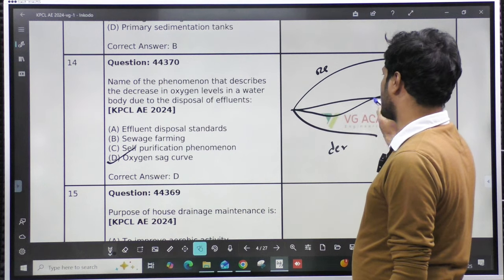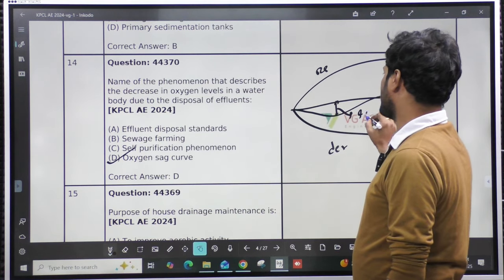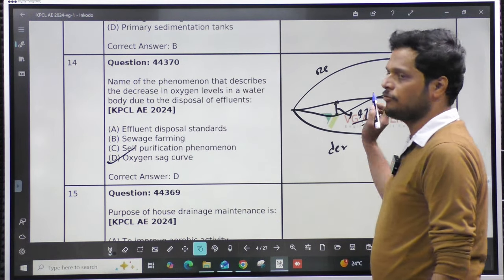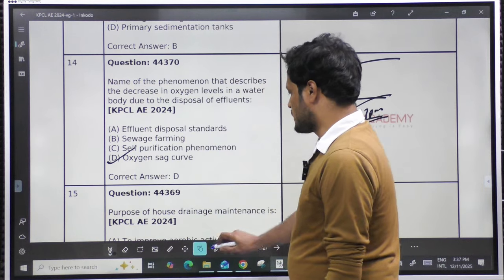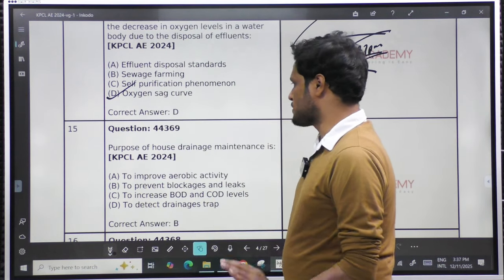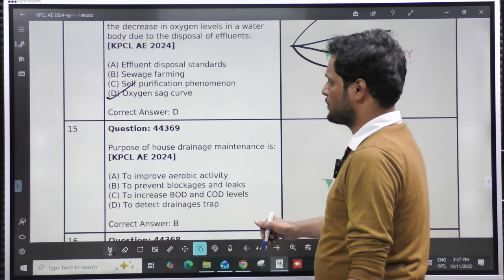The minimum level of oxygen should be 4 ppm for the survival of the marine environment. The oxygen sag curve is the resultant of reoxygenation plus deoxygenation.